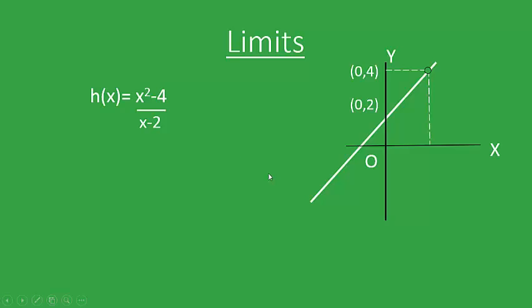through an example. Here we have a function h(x) equal to (x square minus 4) upon (x minus 2). From your previous knowledge of algebra, you might be wondering that we can factorize x square minus 4 into (x plus 2) into (x minus 2) and cancel out the denominator factor, that is x minus 2, to obtain this expression, x plus 2.